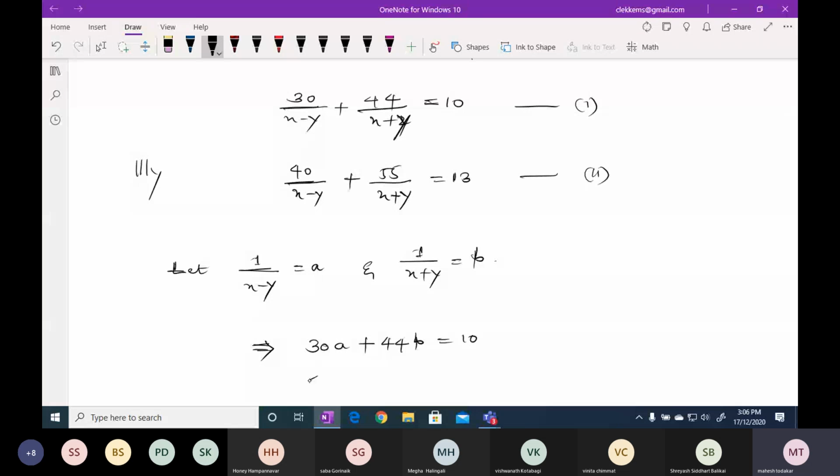Again similarly 40a plus 55b is equal to 13.